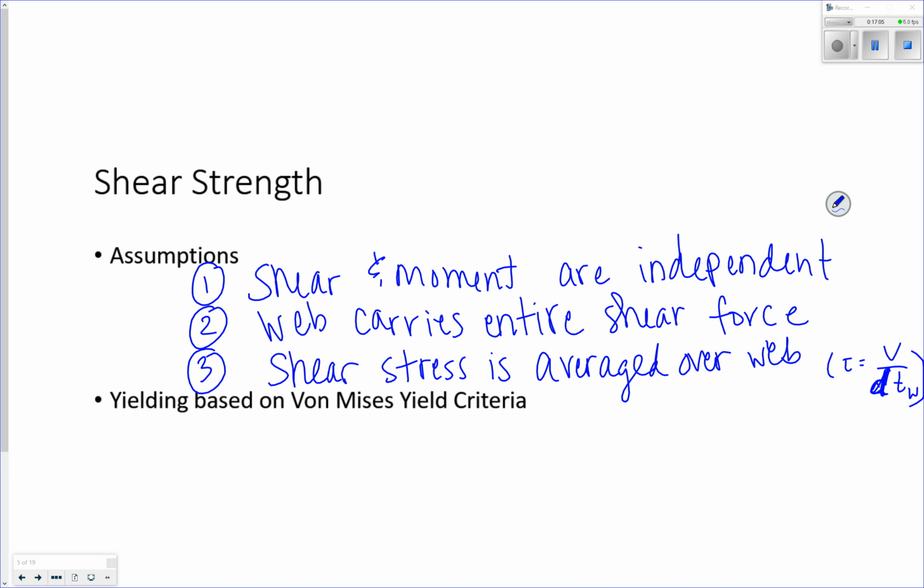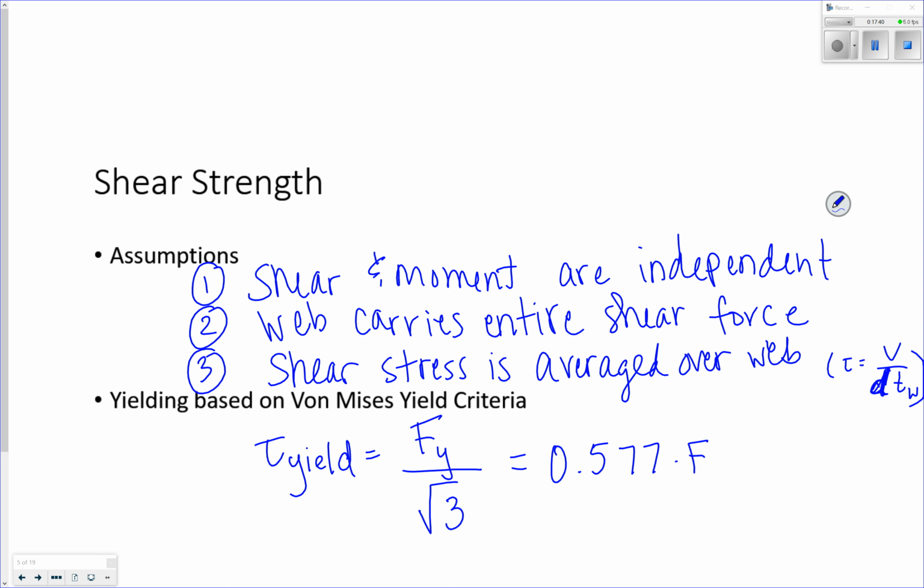But what that basically means is my shear stress associated with yield is my yield stress, Fy, that Fy 50 ksi, 36 ksi, whatever type of steel you're using, divided by the square root of 3, which equals 0.577 times Fy.